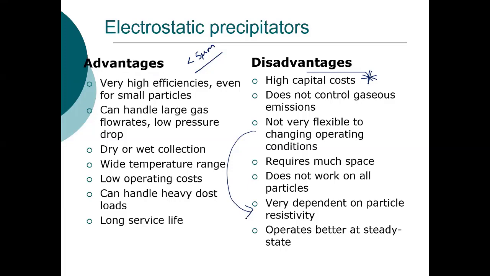And changing the coal had an effect on particle resistivity, which had a resulting decrease in the efficiency. What they had to do was modify the gas stream in order to restore that efficiency, which ultimately they did, but it took a while to figure out what was going on. So changing operating conditions can have a detrimental impact on removal efficiencies.